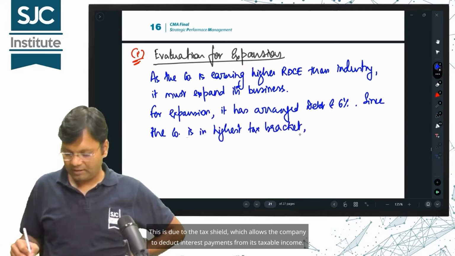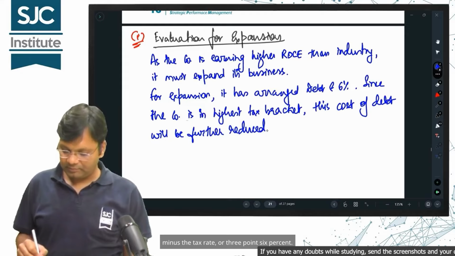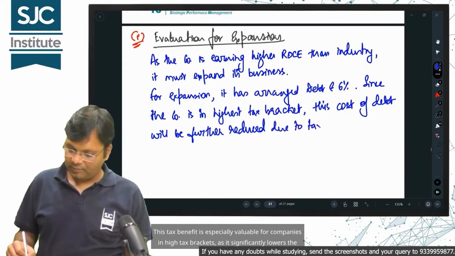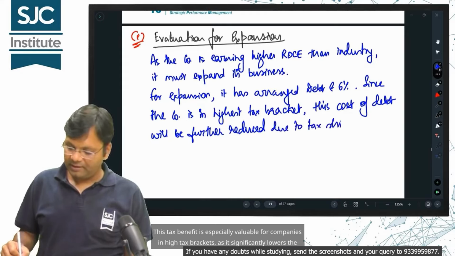As a result, the company pays less in taxes, reducing the effective cost of borrowing. For example, if the tax rate is 40%, the after-tax cost of debt would be 6% times 1 minus the tax rate, or 3.6%. This tax benefit is especially valuable for companies in high tax brackets, as it significantly lowers the overall cost of debt.